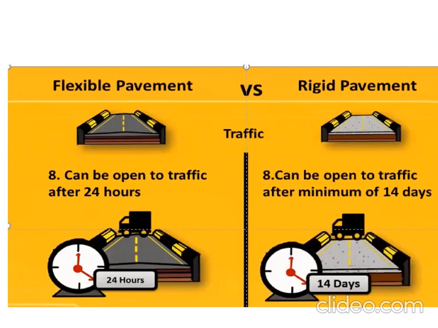Because the problem with asphalt is that it gets soft and starts flowing near 60 degrees centigrade. Once it is below 60 degrees centigrade, then asphalt tends to set in its nature. So if you open the traffic at around 65 degrees centigrade, just following the rule that 24 hours are enough, you will find your pavement deteriorated and damaged. So you have to be very thoughtful.